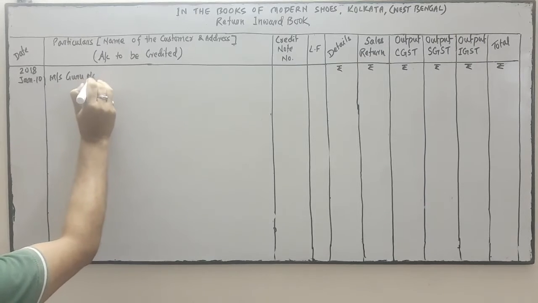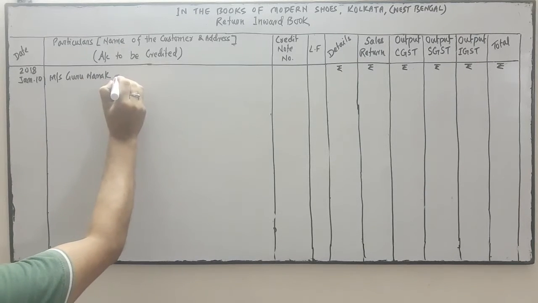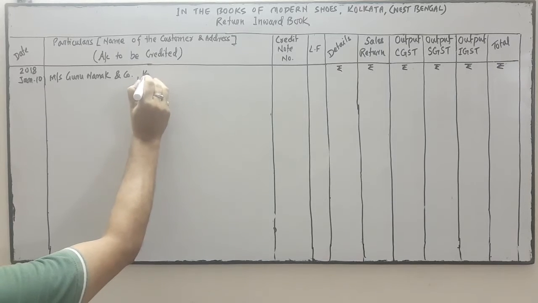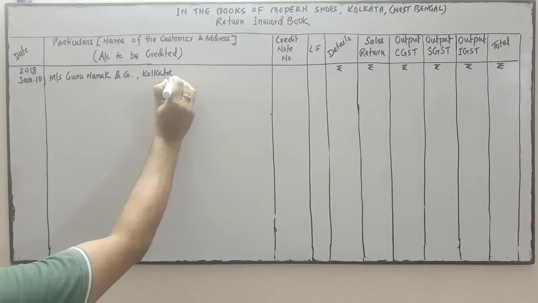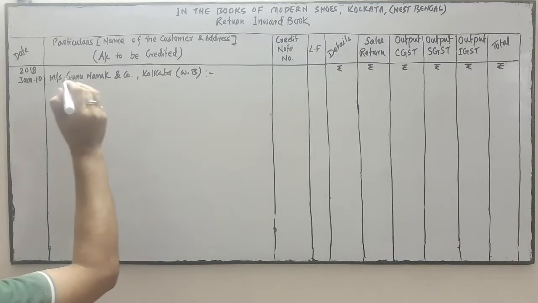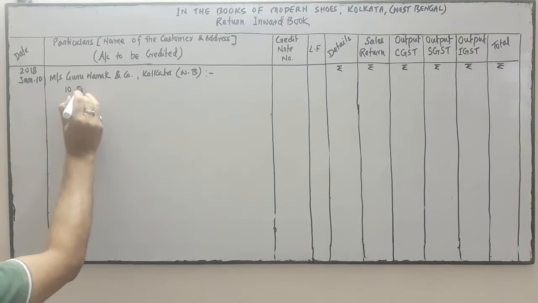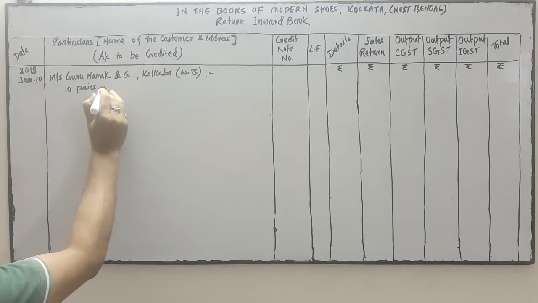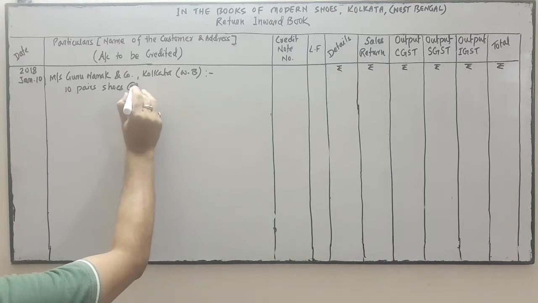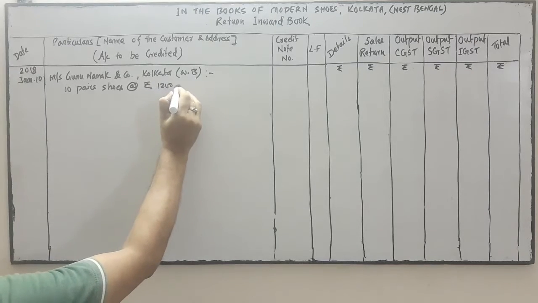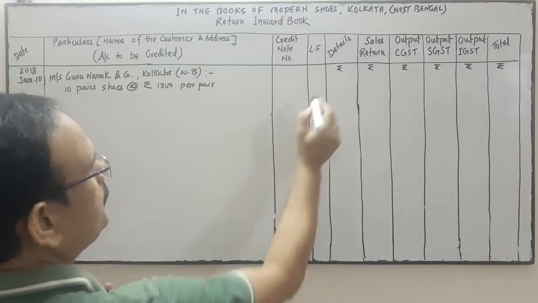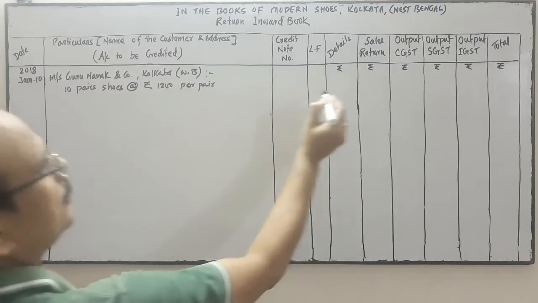Guru Nanak and Company, Kolkata, West Bengal, return to us. 10 pairs of shoes returned being defective at the rate of rupees 1200 per pair. So it is 1200 into 10. So it is 12,000.